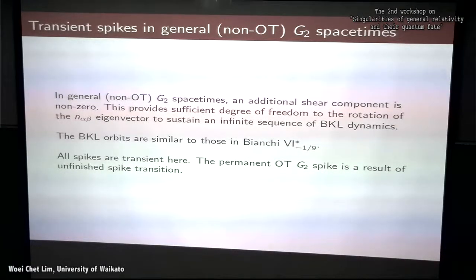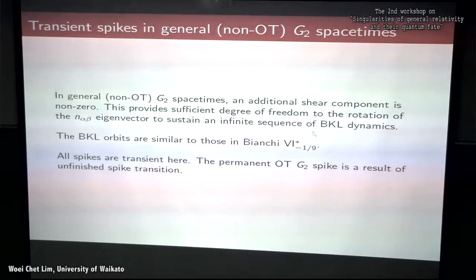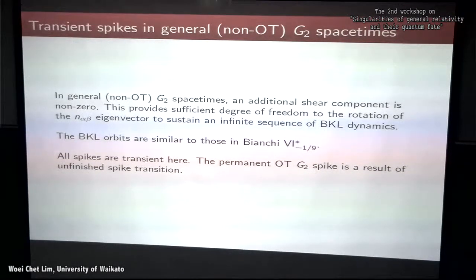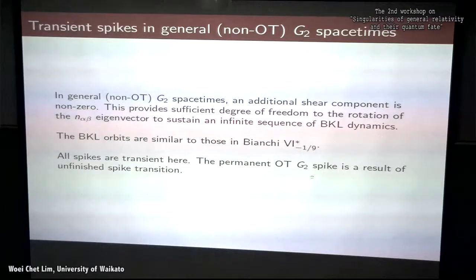In the more general G2 spacetime, if we drop the OT assumption, you have BKL dynamics, full BKL dynamics. That is to say, you have more than one Kasner era. So the permanent spike actually is a feature of the special OTG2 case.